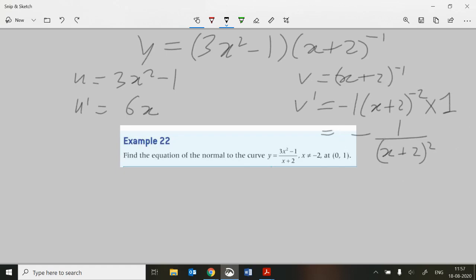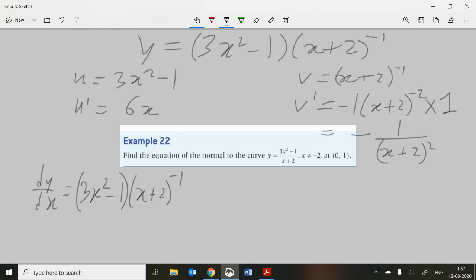So now we're going to write down our y dash, if you like. So dy dx. To be honest, I haven't really read the question well. It says find the equation of the normal. I need a bit more space after this. Okay, so dy dx is equal to u, 3x squared minus 1, times by v, v is x plus 2 to the minus 1.